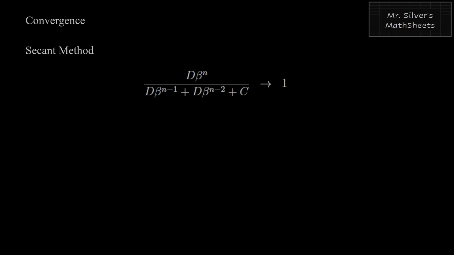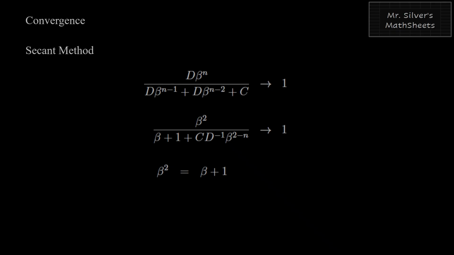We'll plug in for that rule. This is Z n plus 1 in the numerator, and the denominator is the rule for Z n plus 1. And we're going to divide through by d beta to the n minus 2 and let n approach infinity, and we get the steady state is that beta squared over beta plus 1 is equal to 1, or beta squared is equal to beta plus 1.